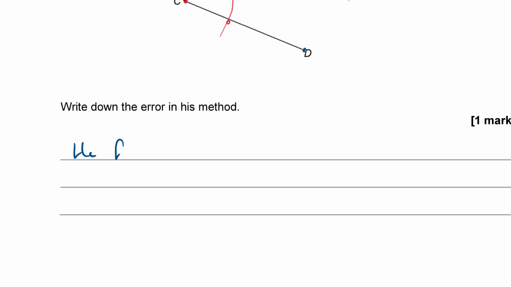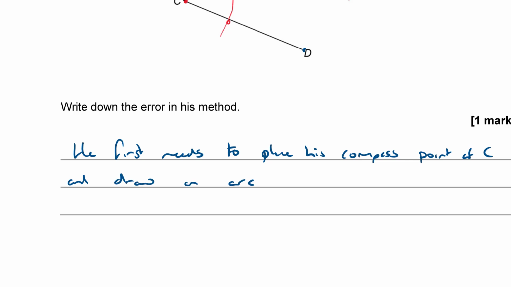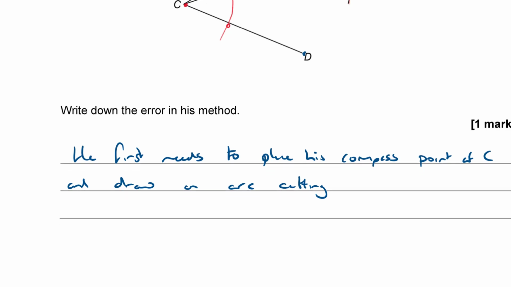He first needs to place his compass point at C and draw an arc cutting BC and DC.